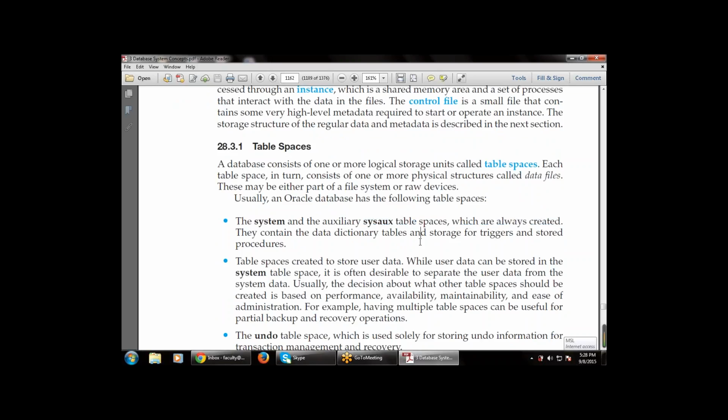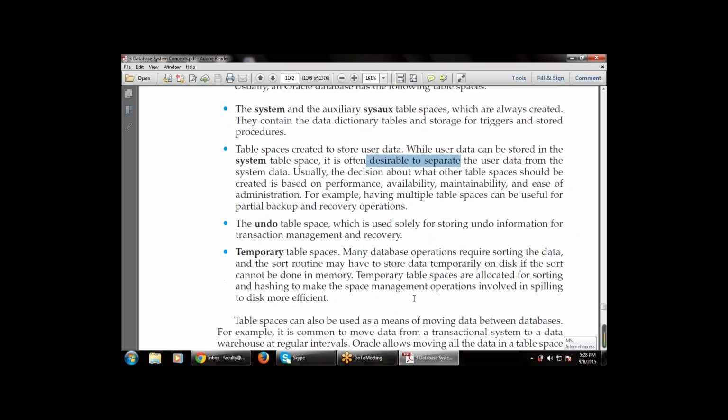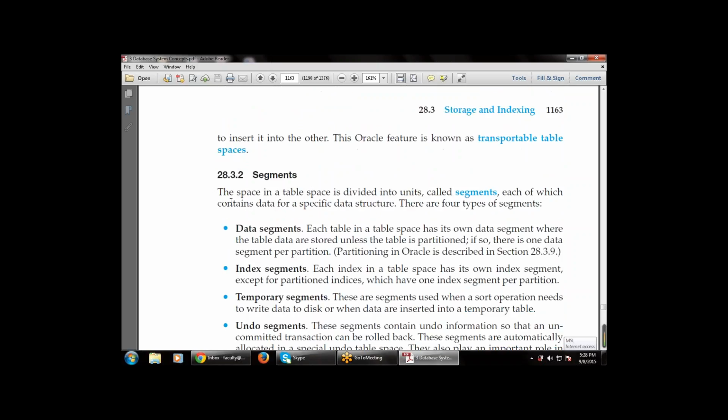They contain the data used for the database architecture and the database admin, and other tablespaces are created to store the user data. While the user data can be stored in the system tablespace, it is often desirable to separate the user data from the system data. Next are the segments, dividing the tablespace into multiple units, known as data segments.